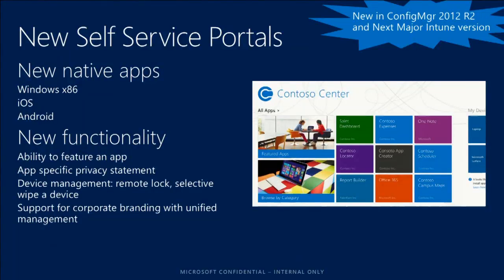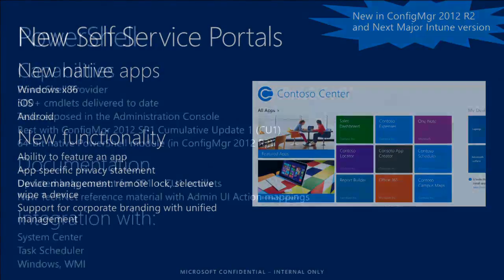They pick one of the tiles, click install, and it'll go ahead and install the application for them. You can also designate applications as featured apps, so it'll move to the front of the self-service portal. And as Mark mentioned, the ability of remote wipe. So you can initiate wipes or removal of the device from being managed from the self-service portal as well.